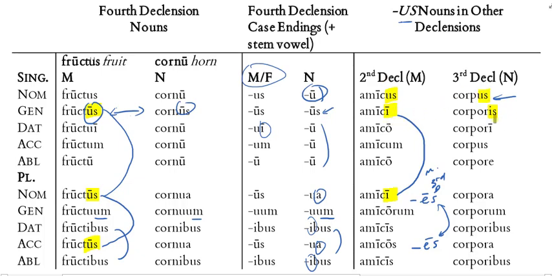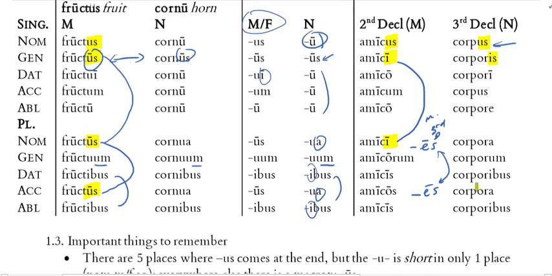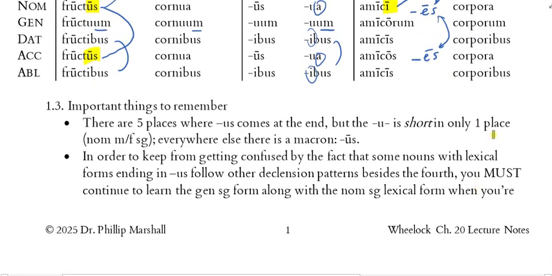If I have -us but with -is as my genitive singular, that's a third declension neuter noun. And then if I have -us followed by -us with a long u for the genitive singular, then that is a fourth declension noun, and it's going to follow this new pattern. All right, so hopefully that helps.